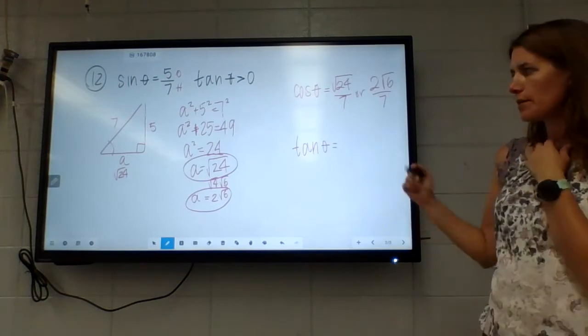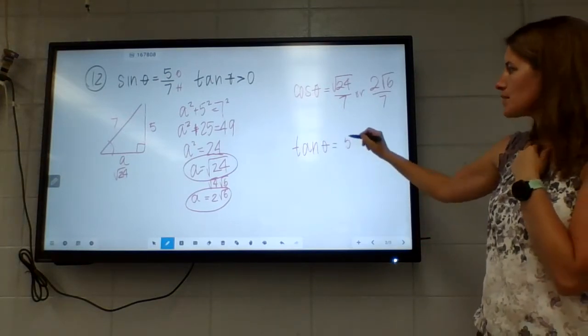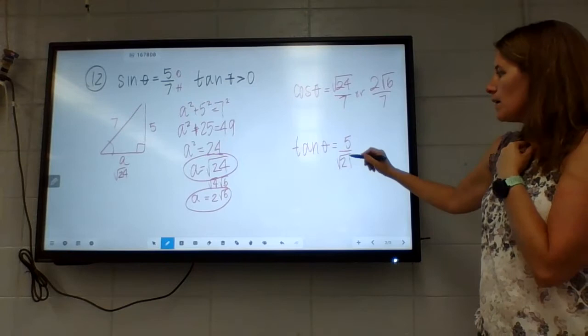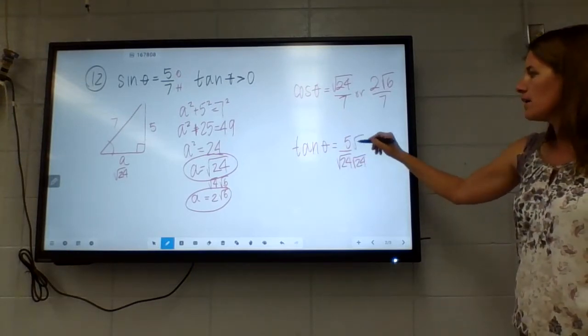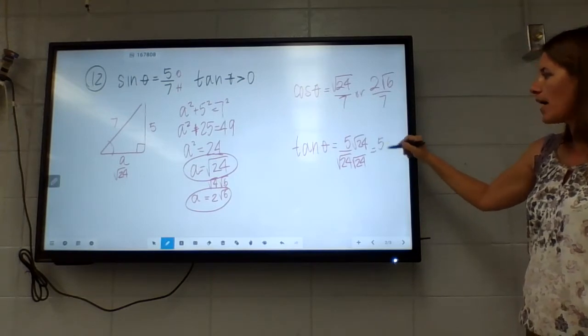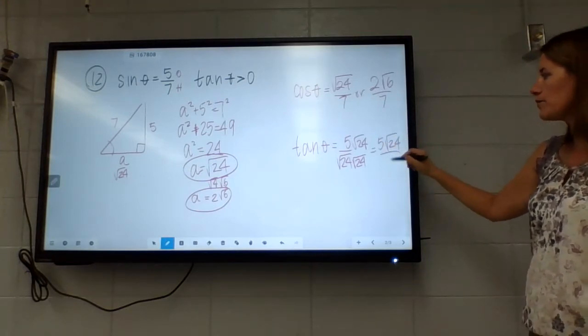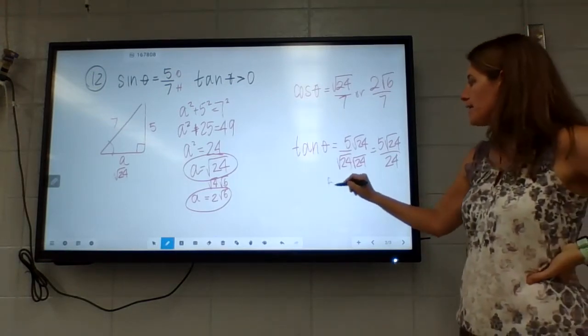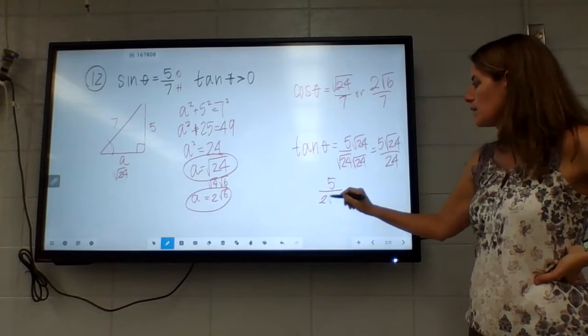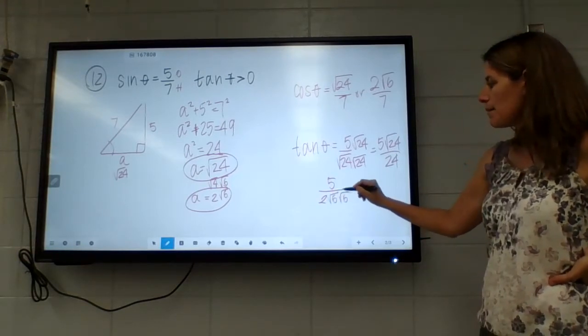Now tangent's a little bit more of a tough one because it's opposite over adjacent. So this is one way you might have it. So 5 square roots of 24 over 24. Now this answer is okay. However, what we prefer to do is have simplified this and then just multiply by the square root of 6.